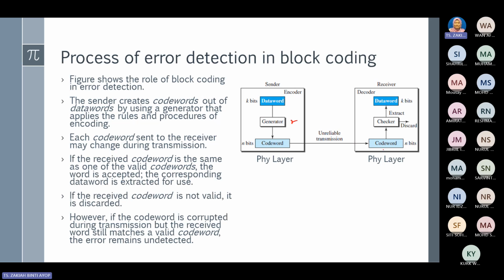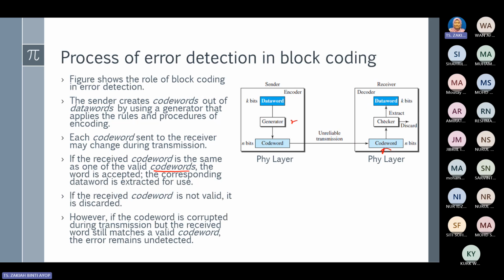If the received code word is the same as one of the valid code words, the word is accepted. They will check the code word and then extract the data word for use.